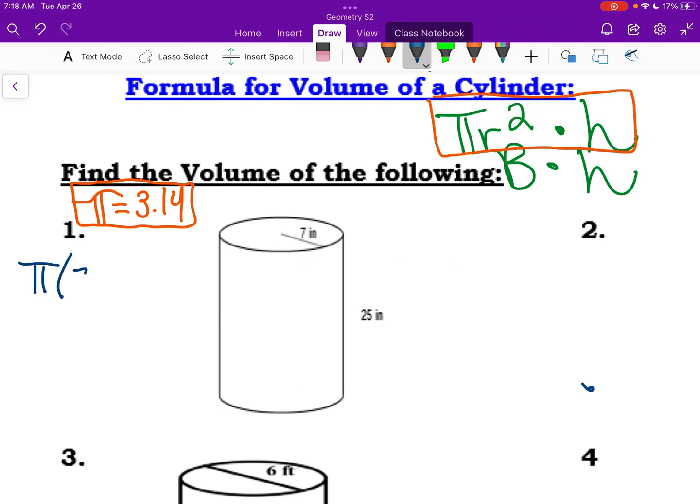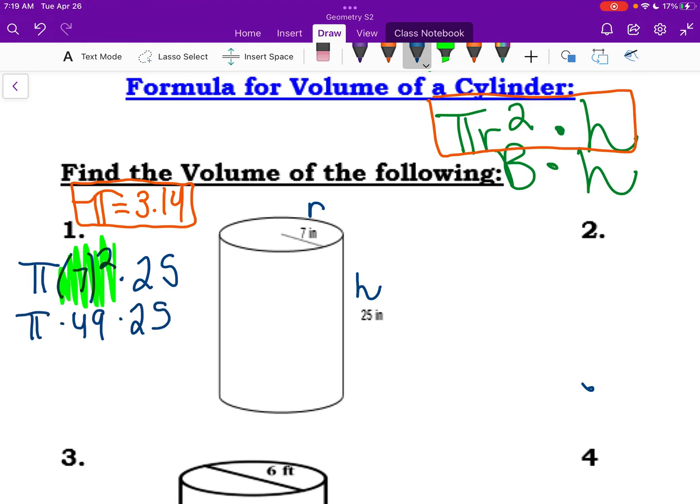So pi times 7 squared times 25. The 7 is the radius, the height is 25. Please be careful to do 7 squared, not pi times 7 squared. So I like to do 7 squared first, which is 49, to make sure that I get the same answer and I don't mess up on my calculator.